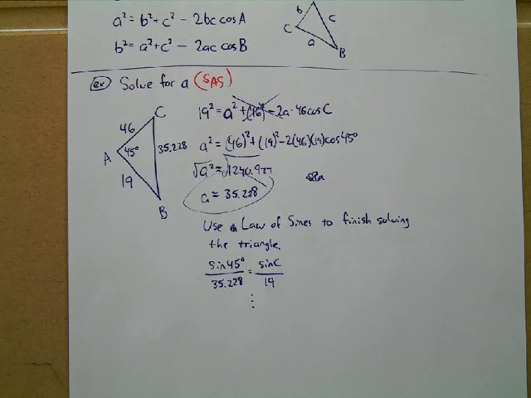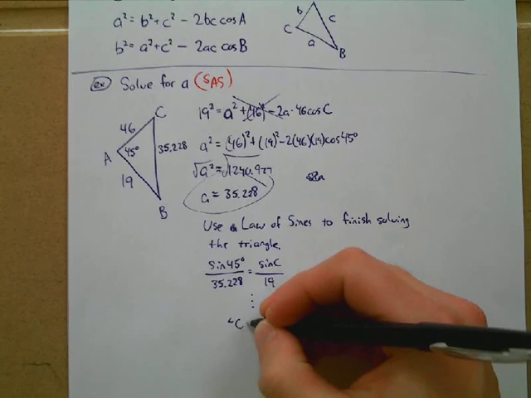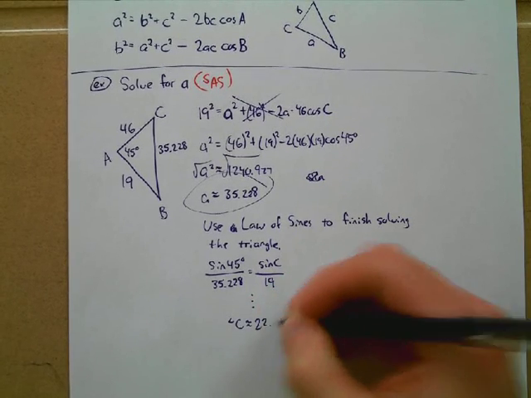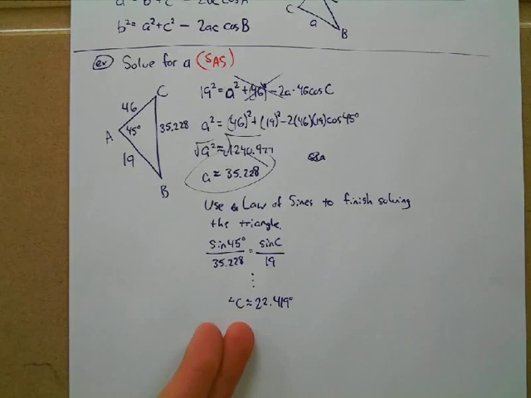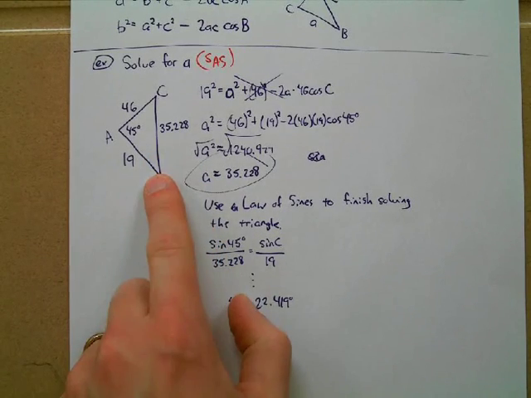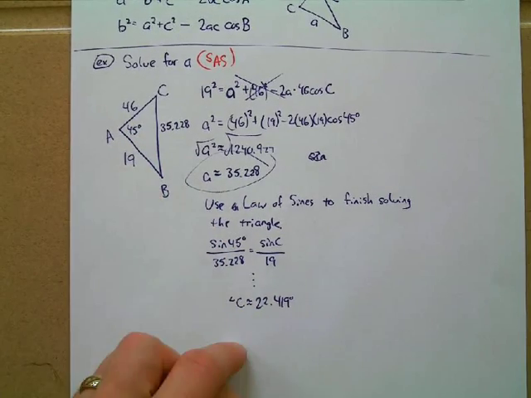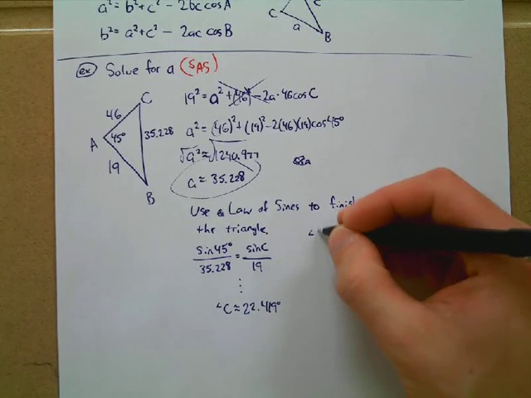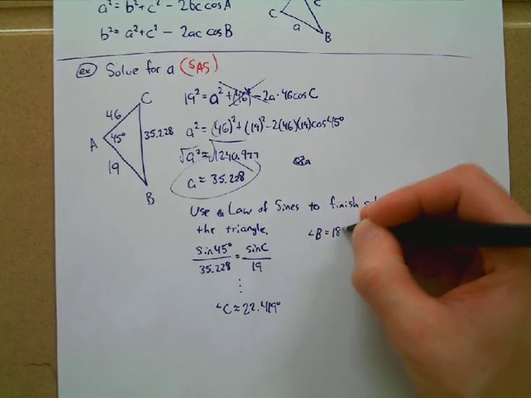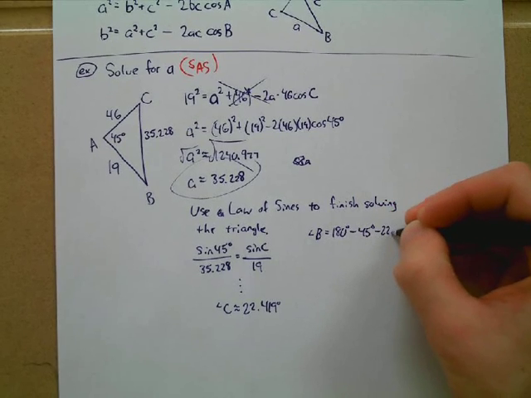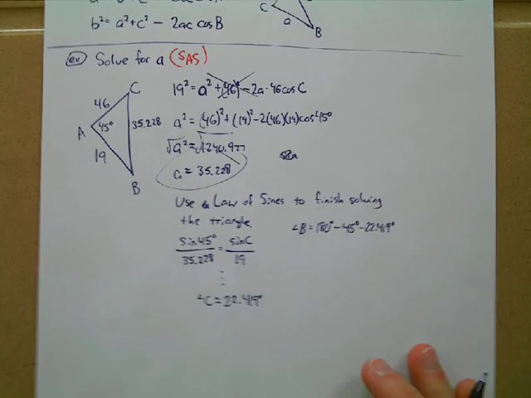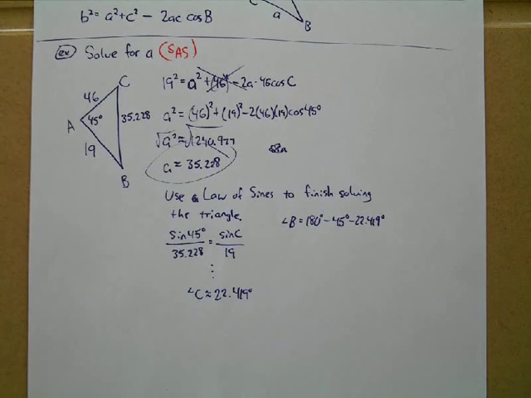So I get about 22.419 degrees for angle C. And of course, once you have that angle C is 22.419, then you can find B by just doing 180 minus the 45 minus the 22.419. And so when we do that, we get about 112.581.